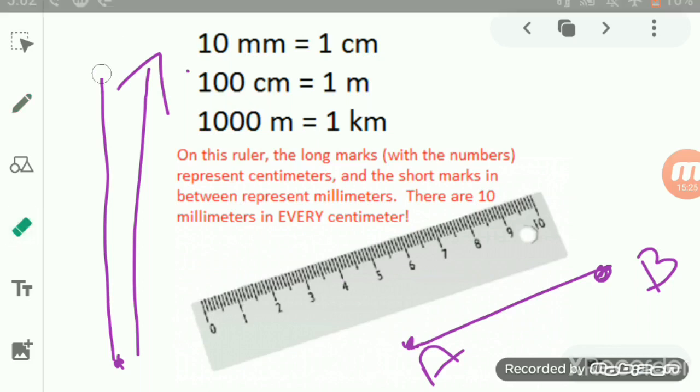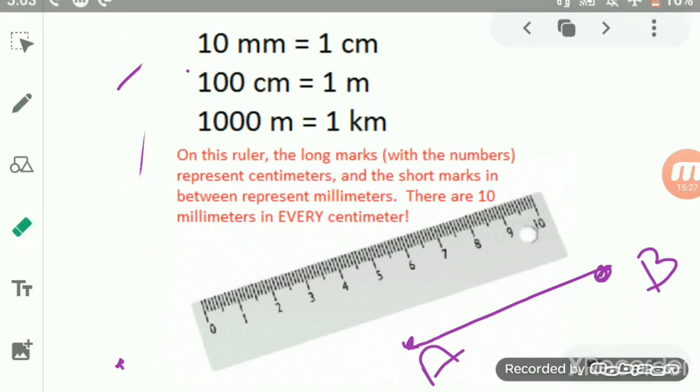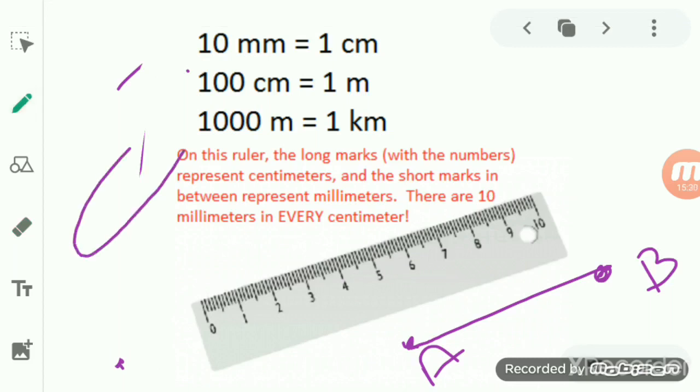Not only this, if you see the width, students, if this is the width of anything, and we are able to measure the length from this point to this point, then we can tell the width of that particular object. So length is the extent from one end of an object to the other end, and the width and the height of the object are also examples of length.